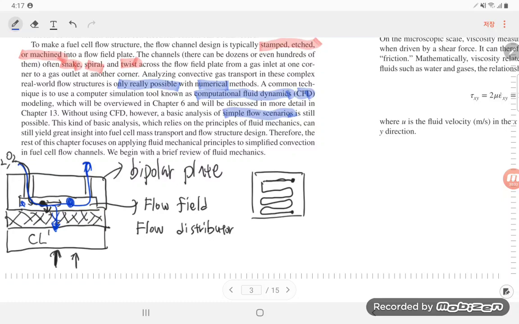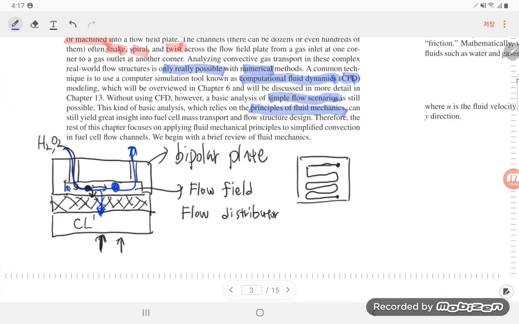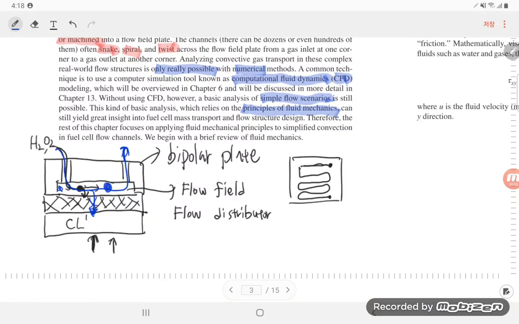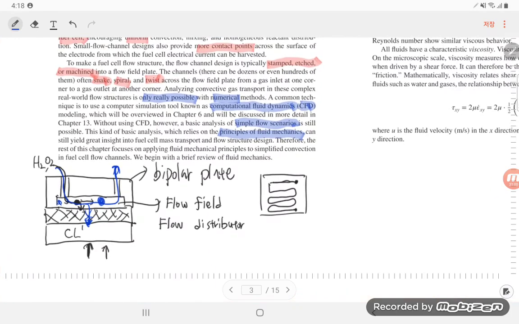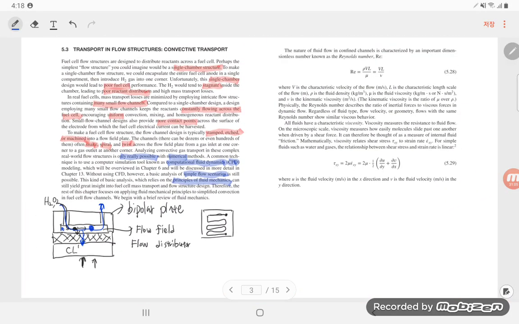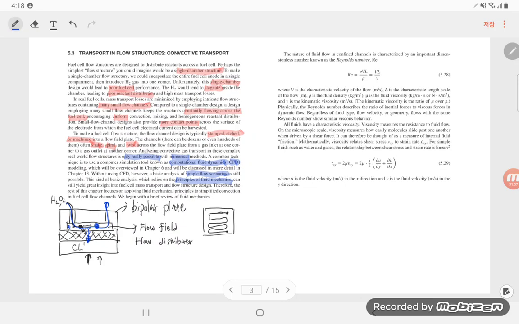This kind of basic analysis relies on the principles of fluid mechanics, so that's why we should review some fluid dynamics. It can still yield great insight into fuel cell mass transport and flow structure design. Therefore, the rest of this chapter focuses on applying fluid mechanical principles to simplified convection in fuel cell flow channels. Okay, let's move on to fluid mechanics, or dynamics.